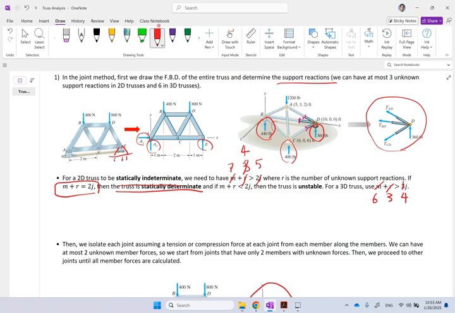There are 4 joints, and there are only 3 vertical reactions. Now, would that work? Is that statically stable? Well, 6 plus 3 is 9, and 3J is 12. So this side is less than this side.